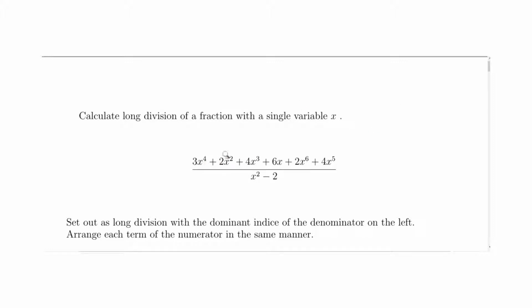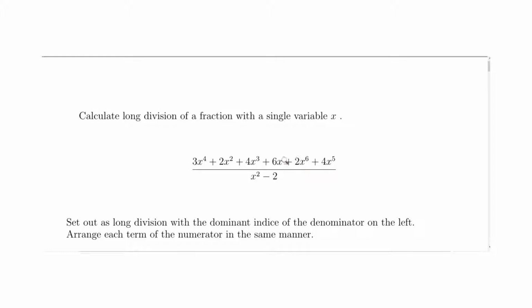So we've got a fraction here with many terms in the numerator and x squared minus 2 in the denominator, and there are varying different powers and coefficients on the top. The first thing we need to do is arrange them in order of indices.